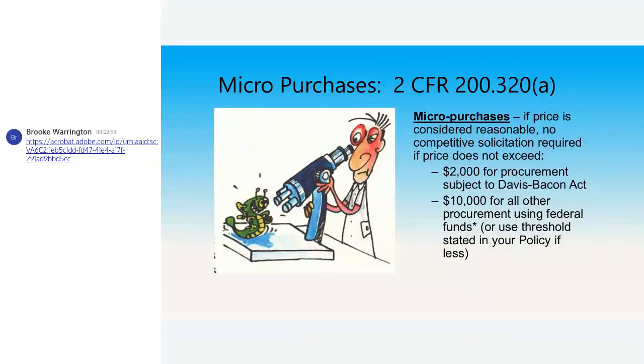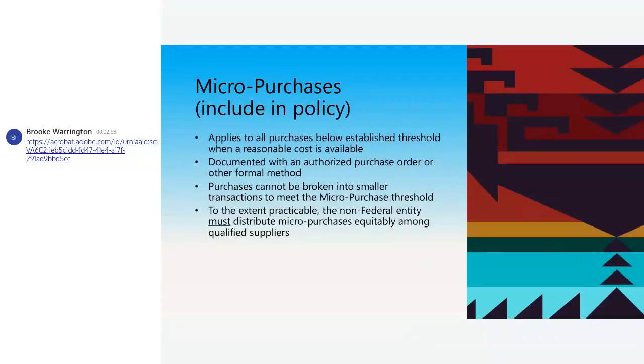Okay, and then $10,000 for all procurement using federal funds or whatever is in your procurement policy. Your procurement policy could actually have a smaller threshold. And if it does, that's what you have to use. Okay. So those are your thresholds there.